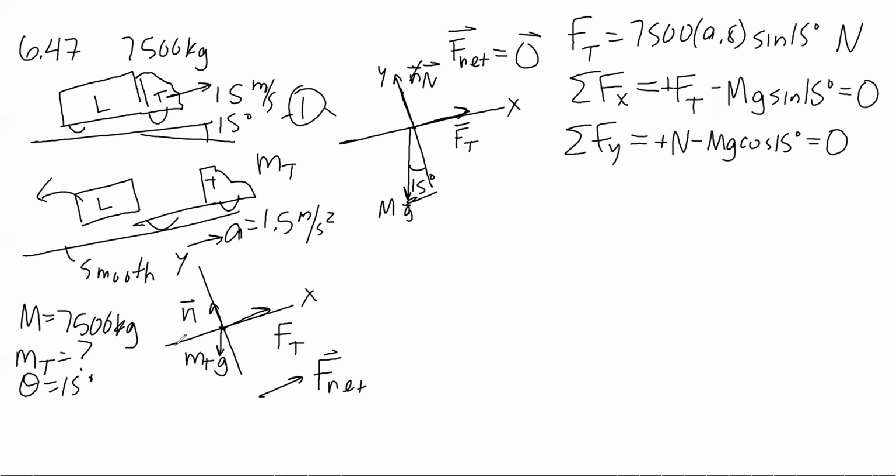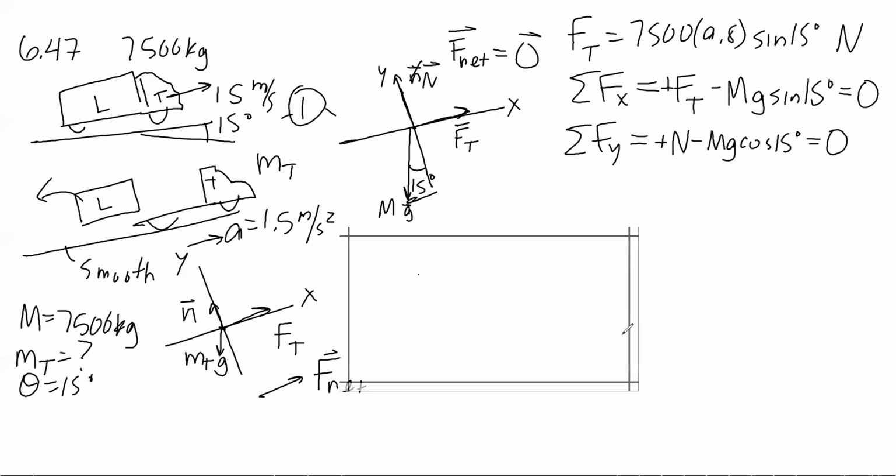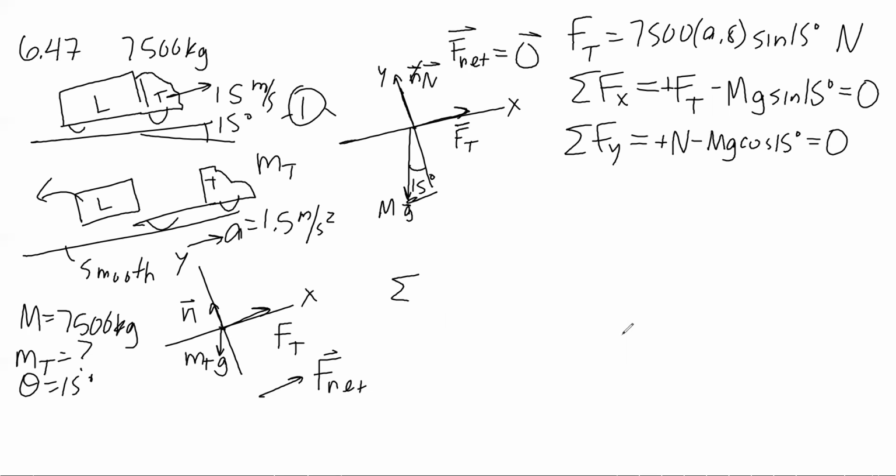Now, once you have the force of the truck, you do the second problem, which is the sum of the forces. Yeah, I should have enough space. The sum of the forces is a little different.